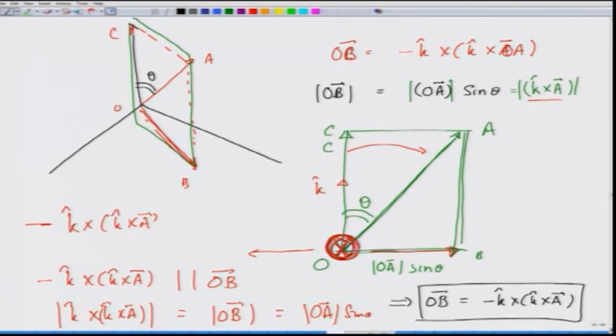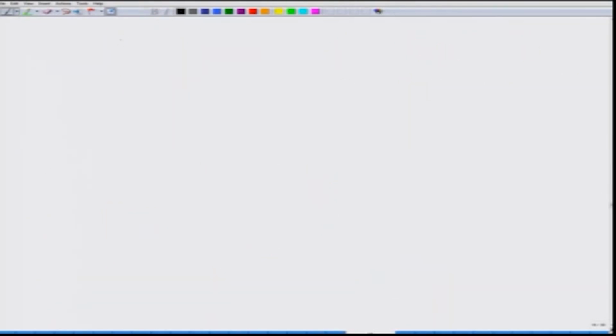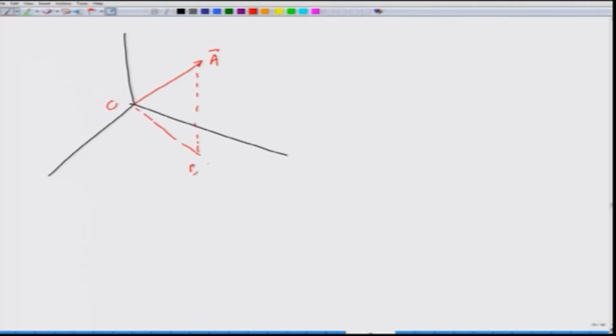This also then tells you, again let me make this picture, this is my vector OA, I am throwing light parallel to the z axis. So, this becomes OB, I am throwing light parallel to this projection, this becomes OC. OC is nothing but k dot A, right.